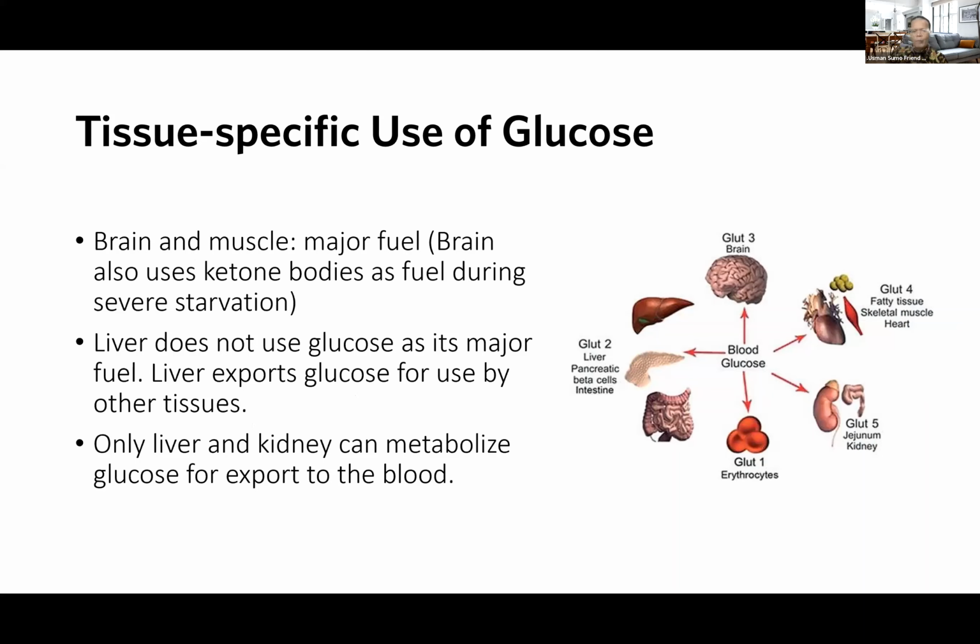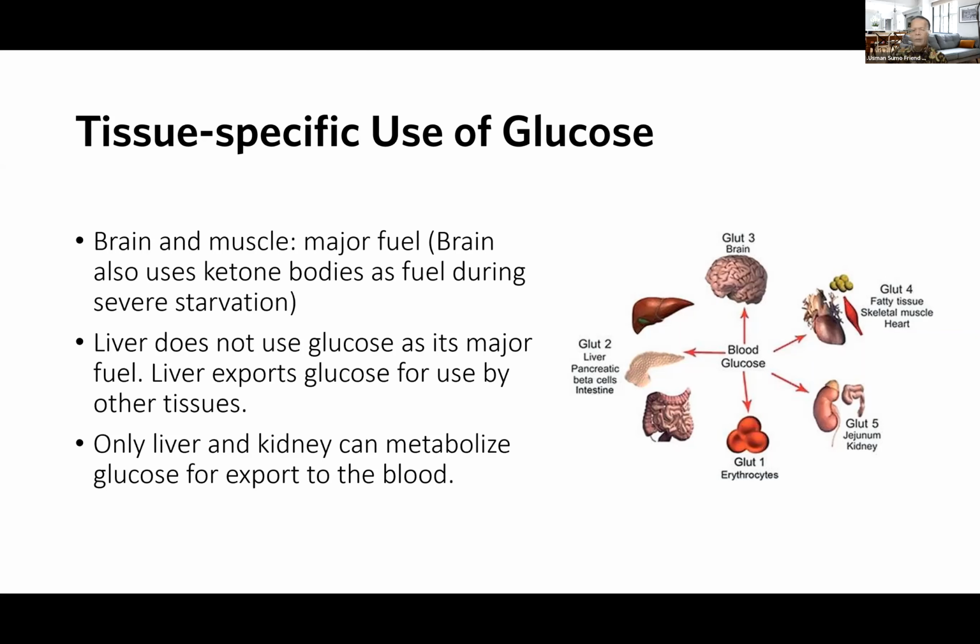For example, brain and muscle use glucose as a major fuel, and the brain can also use ketone bodies as a fuel during severe starvation or in a fasting condition. Also, the liver does not use glucose as a major fuel, and this liver exports glucose for use by other tissues.